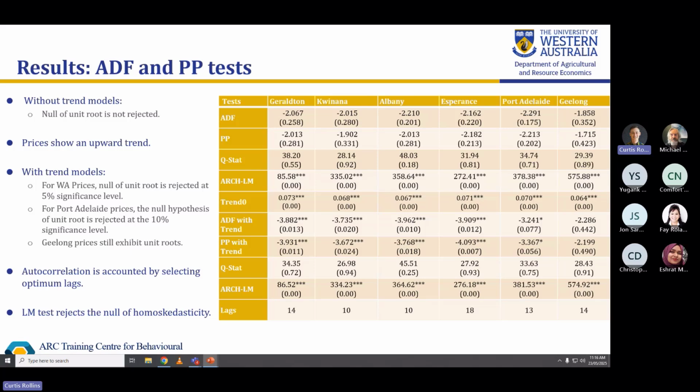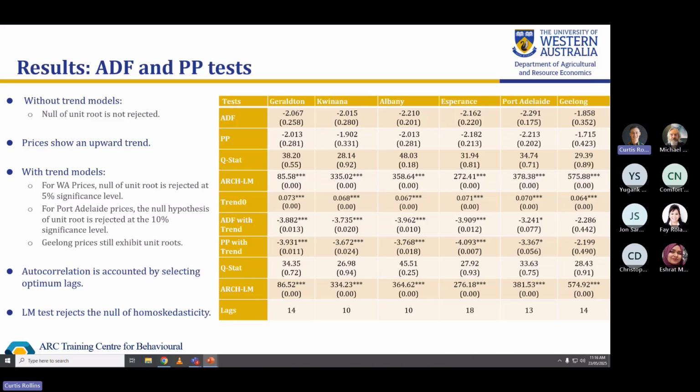Since we see the clear upward trend of this price during this 10 years, I test for the trend, and the trend is positive and statistically significant. And since it is significant, I introduce that trend into the model.